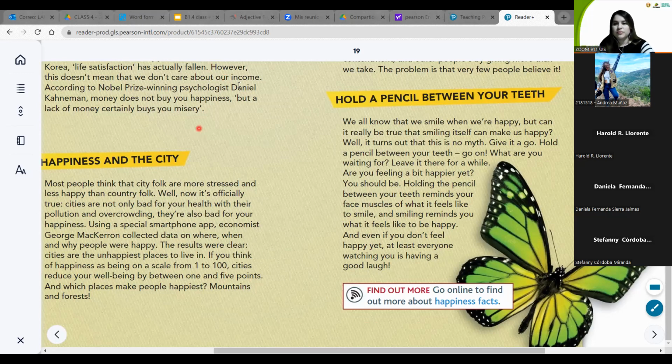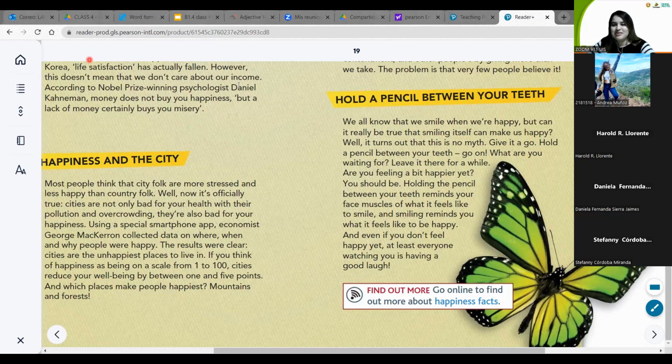We all know that we smile when we are happy, but can it really be true that smiling itself can make us happy? Well, it turns out that this is no myth. Give it a go. Hold a pencil between your teeth. Go on. What are you waiting for? Leave it there for a while. Are you feeling a bit happier yet? You should be.